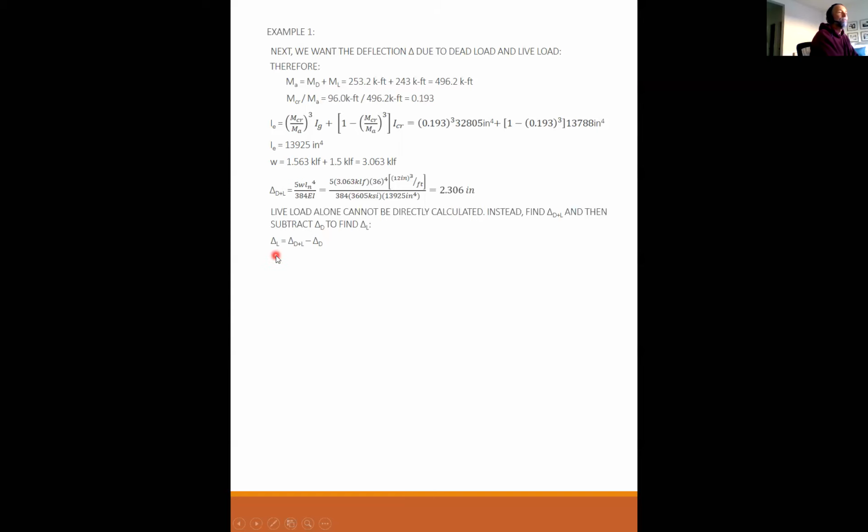So in other words, your live load deflection is your dead plus live minus just the dead. 2.306 minus 1.105, and the live load deflection is 1.201 inches. Okay, please make a mental note of that. It does not work the other way. You have to do it this way. Do I have any questions so far?